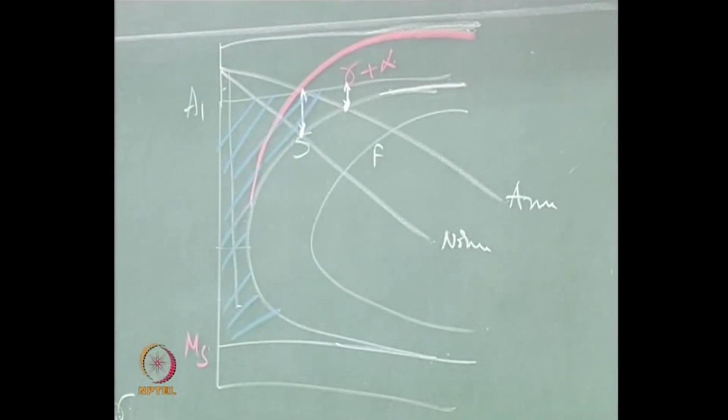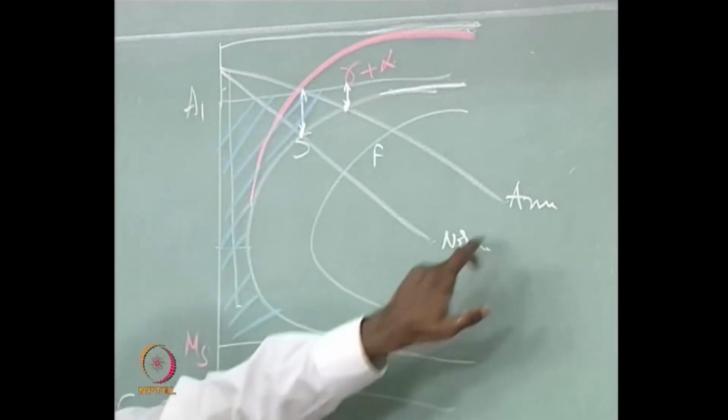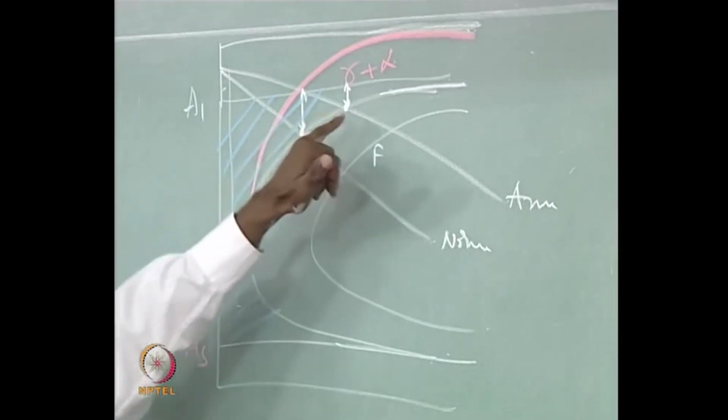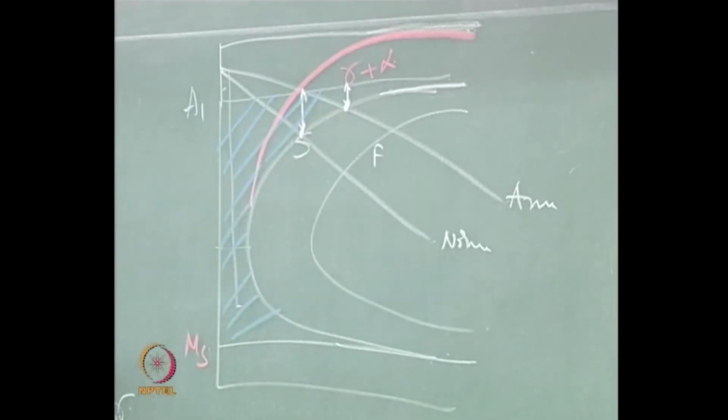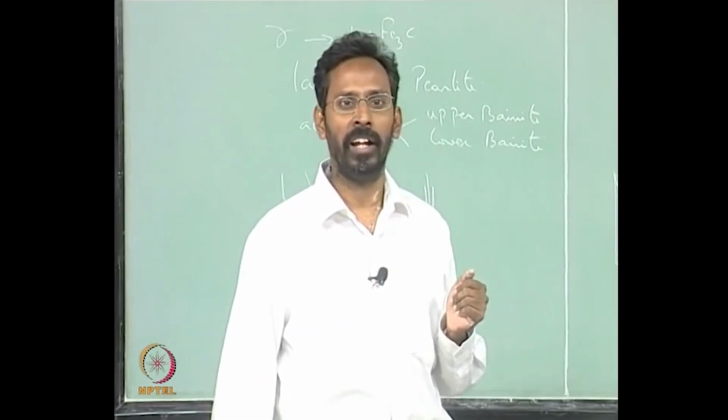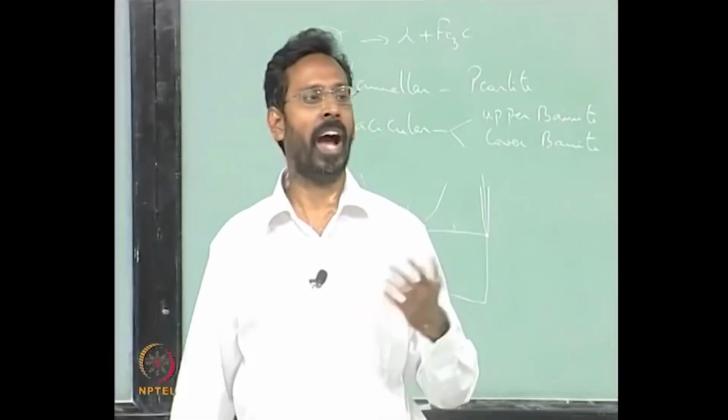Gamma is there, but it is not a stable gamma. In principle, when I simply use two different cooling rates, I am getting two different undercoolings, and because of that the activation barrier is low, and the nucleation rate, which is related to the activation barrier exponentially, is also going to be very high.